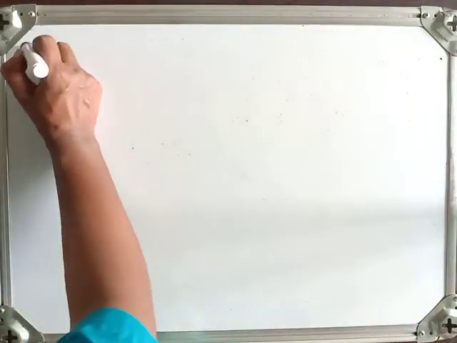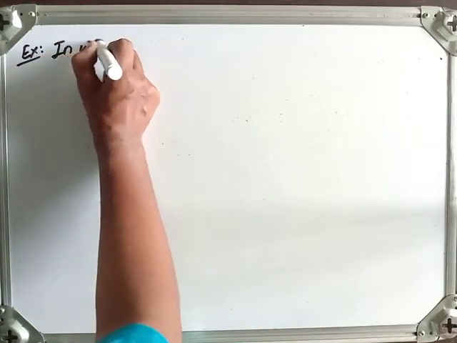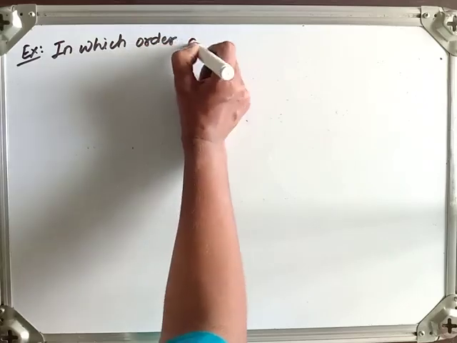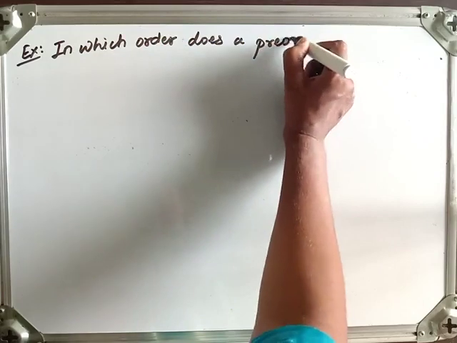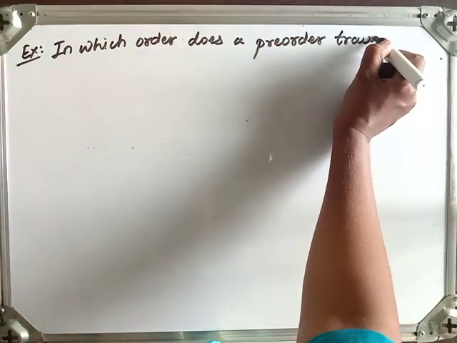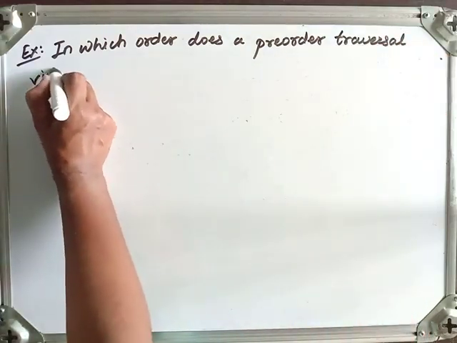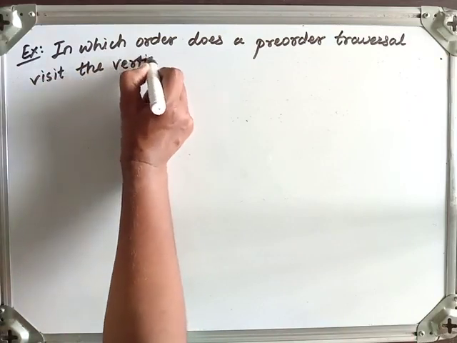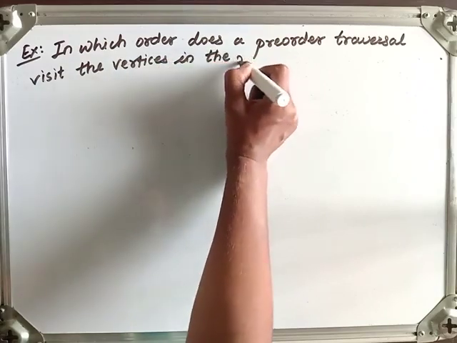Example. In which order does a preorder traversal visit the vertices in the rooted tree?